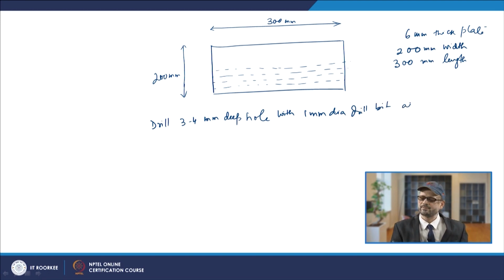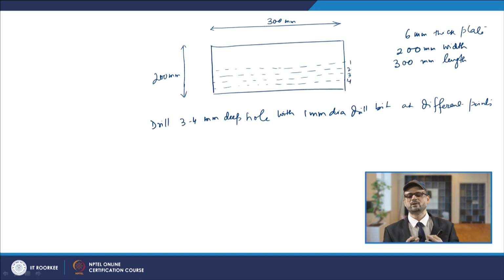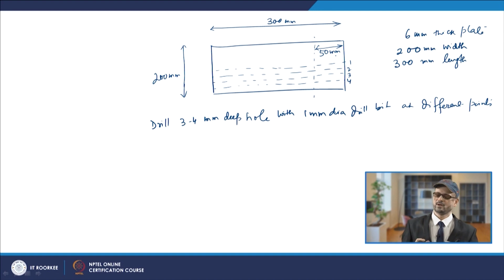At different points, you are marking those points as 1, 2, 3 or 4 or so. Initially you are advancing 50 mm so as to establish the quasi-stationary state of welding, and then you are drilling holes at all these points.